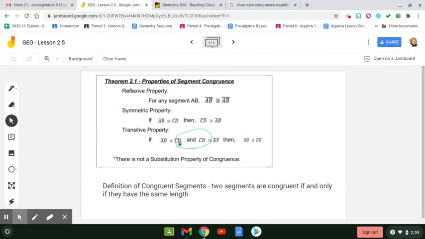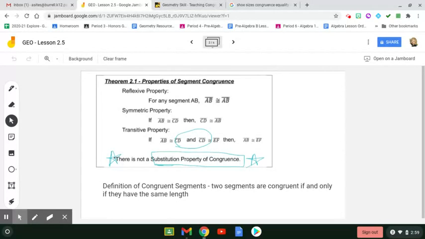All right, it's really important to notice that there's not a substitution property for congruence. Really important. Substitution property only works with equality, and the reason for that is because we're talking about numbers and specific measurements. When we're talking about congruence, we're not necessarily talking about specific measurements and numbers.